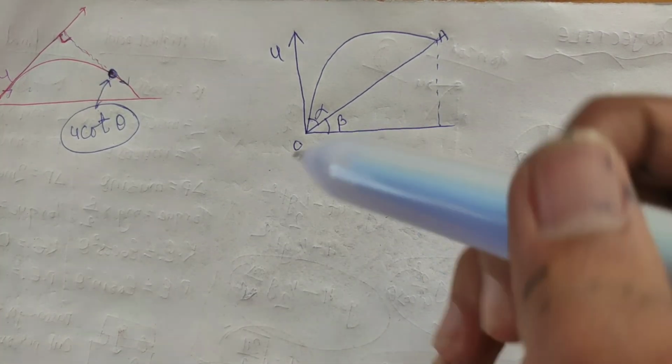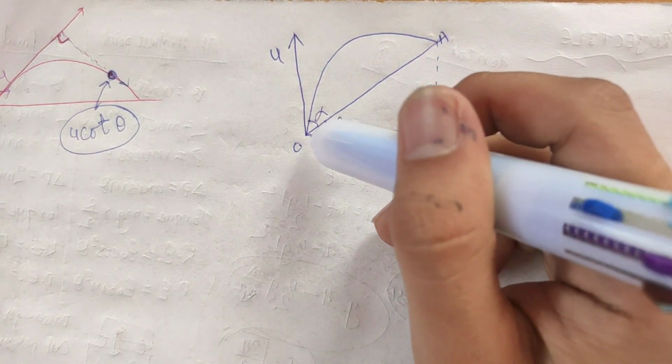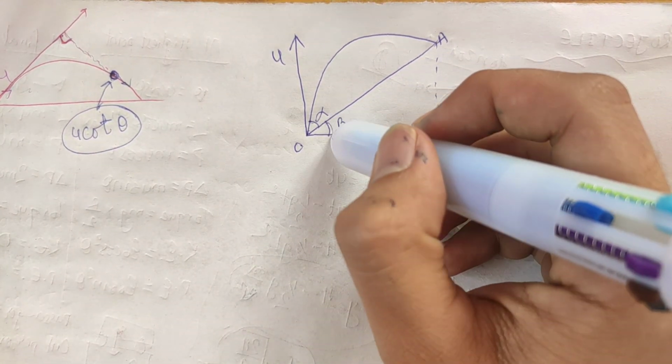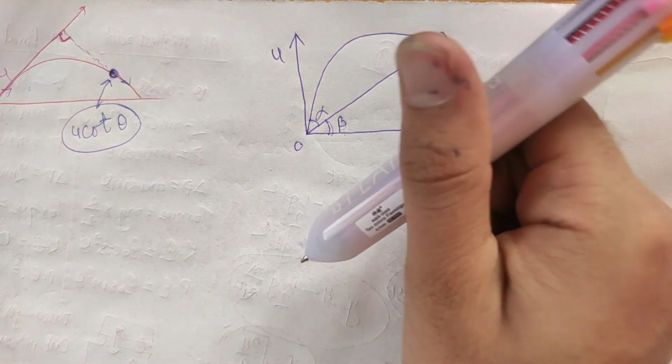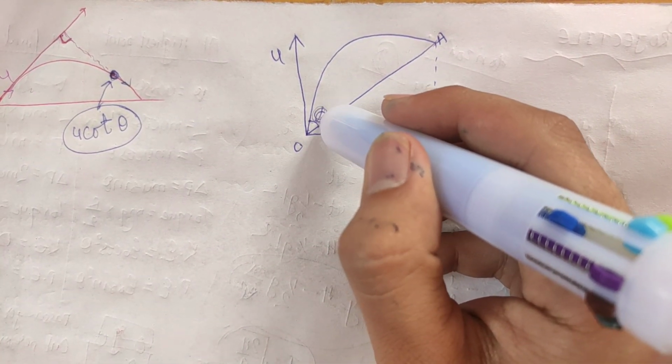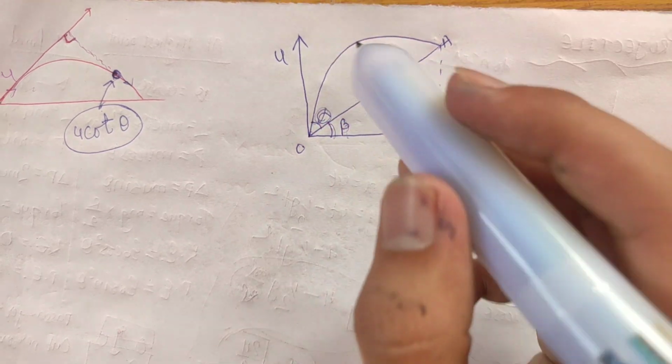Now talking about when a body is thrown from an inclined plane of inclination beta. A plane is inclined at beta, and then making an angle alpha, a body is thrown upward.